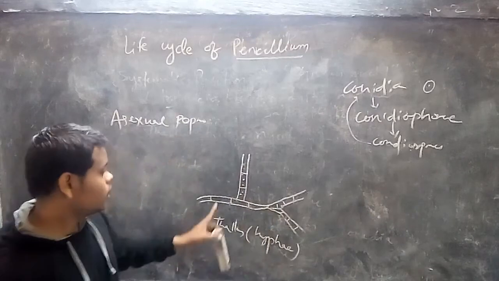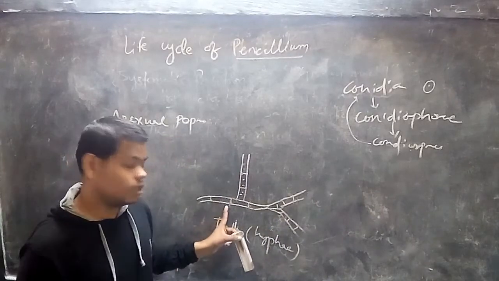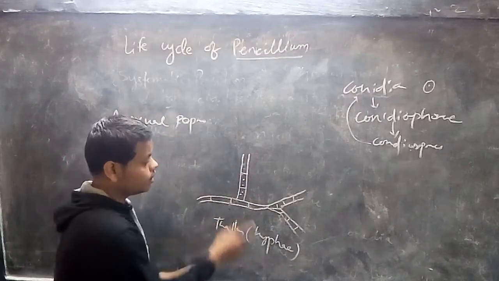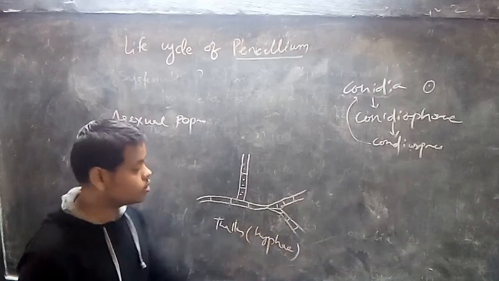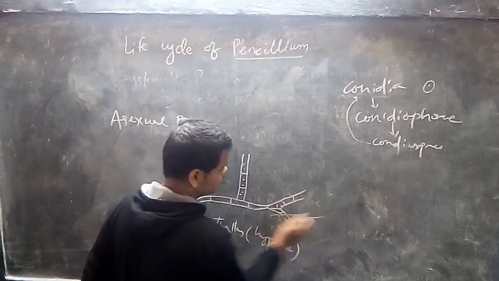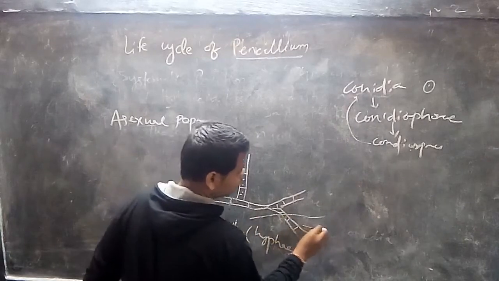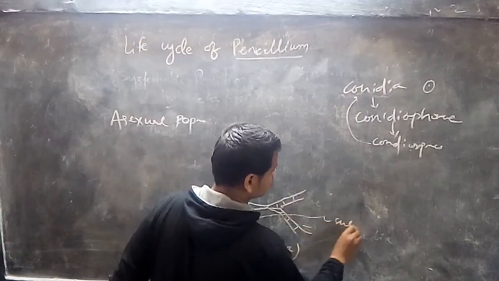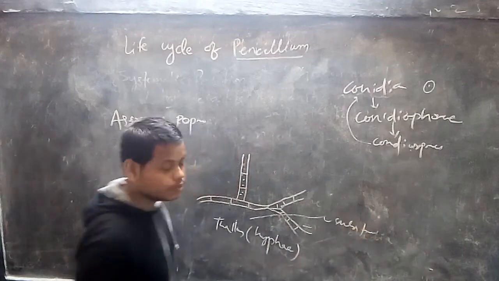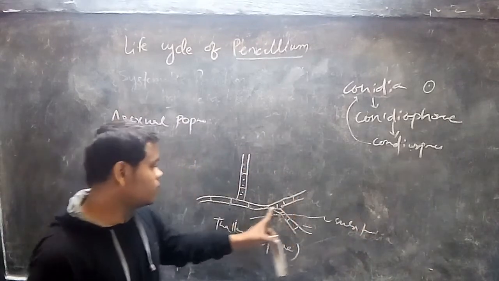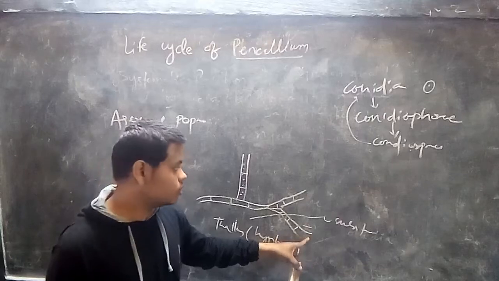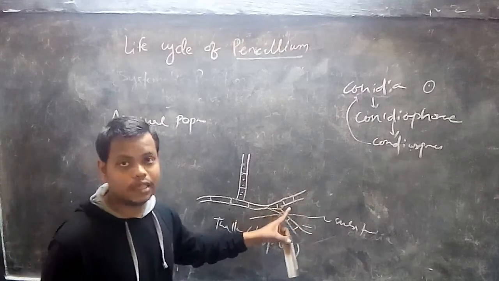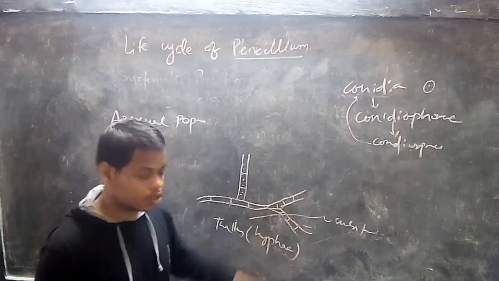Now, in the structure, the thallus is partly aerial, and some part of the thallus is penetrated inside the substratum or the host cell. A part of the hyphae is present below the substratum, and a part of the hyphae is aerial, that means present above the substratum.